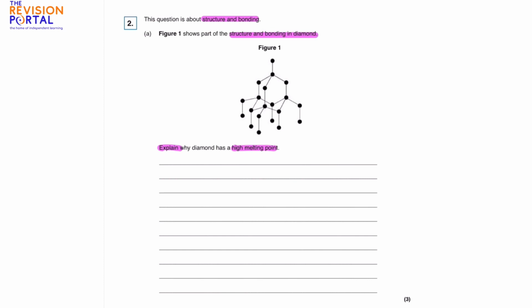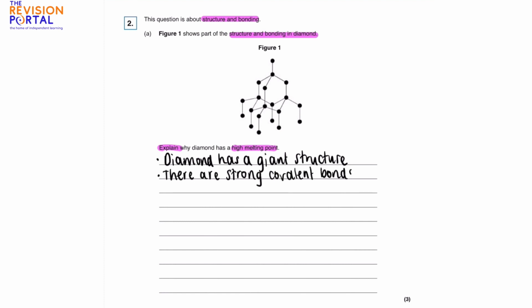So the first one I mentioned was that diamond has a giant structure. The next you could say is that diamond has covalent bonds between carbon atoms. And these strong covalent bonds require a lot of energy to overcome.